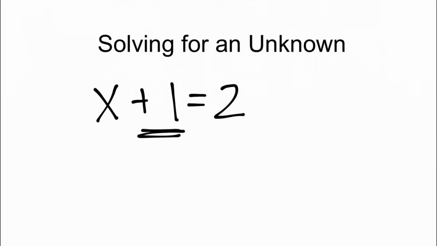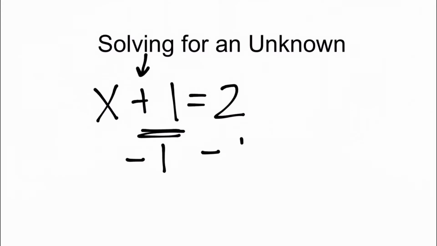So if we have x plus 1 equals 2, the x is not by itself because it has a 1 by it. So how do we get rid of the 1? We get rid of the 1 by doing the opposite operation. So here this is a plus, the opposite would be minus 1.